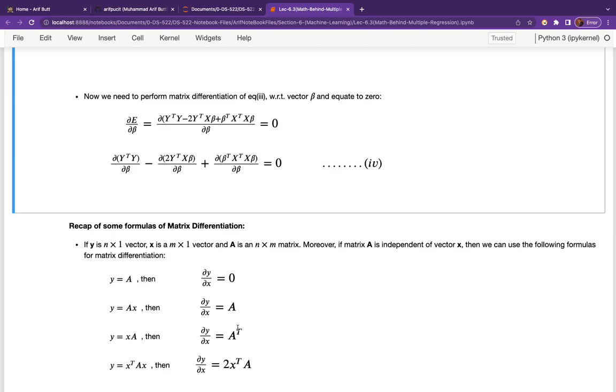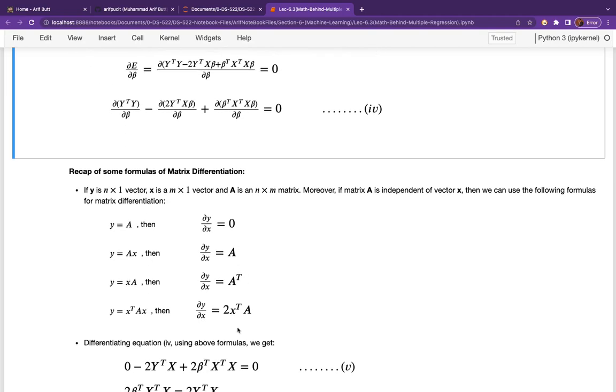So using these formulas, the first term over here becomes 0 because there is no beta over here. For the second term of equation 4, this second formula is applied.